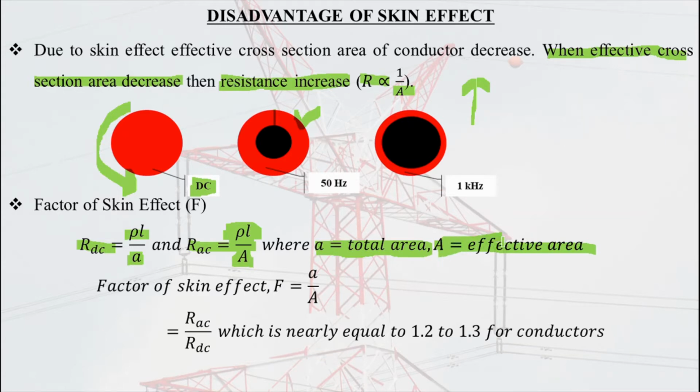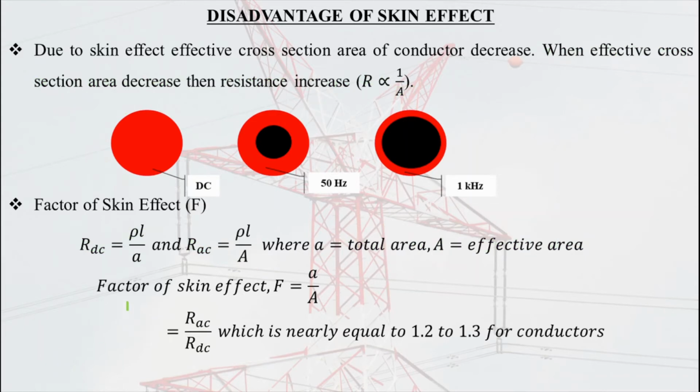So in case of DC we take the small a, that is the total cross sectional area, while in case of AC we take the capital A, that is the effective cross sectional area of the conductor. So in the formula of resistance we take the effective area in case of AC and the total area in case of DC.